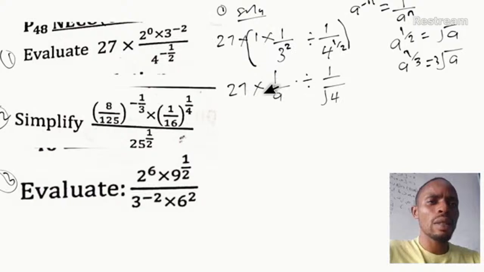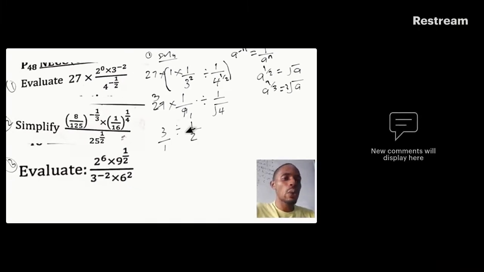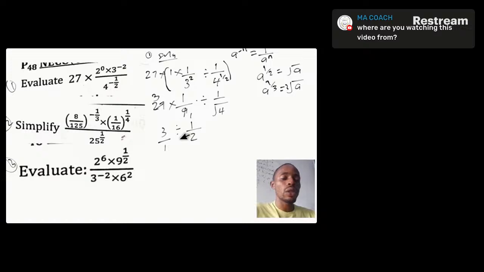So in this place now, let's solve the multiplication first. This 9 here, 1, then can go into 27, that gives us 3. 3 times 1 gives us 3. That divided by, so in this part now, the square root of 4, you know the square root of 4 is 2, so we have 1 over 2, and now you can simplify it, very simple now. This place is in fraction, this one is not in fraction, make this one also a fraction by putting 1 under it, and this division here, you change to multiplication.